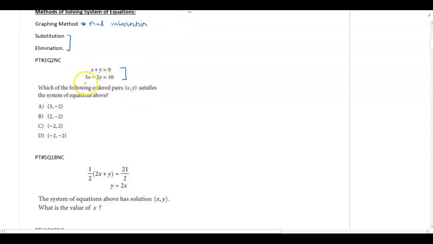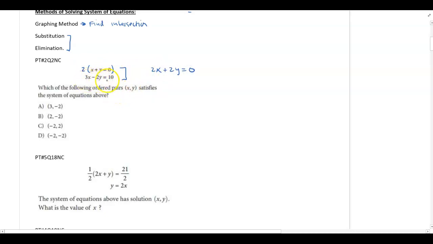Right now, if I add the x's, they don't eliminate. If I add the y's, they don't eliminate. So I'm going to pick one of the equations and multiply by some number that forces that elimination. For example, if I take this top equation and multiply everything by 2, 2 times x gives me 2x, 2 times y is plus 2y, equals 0.